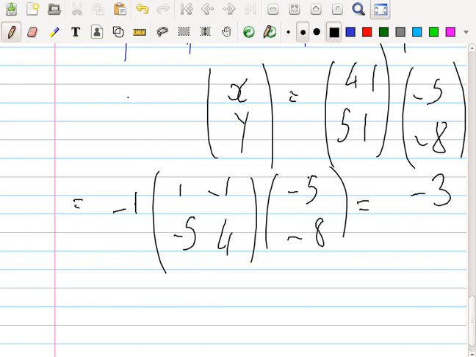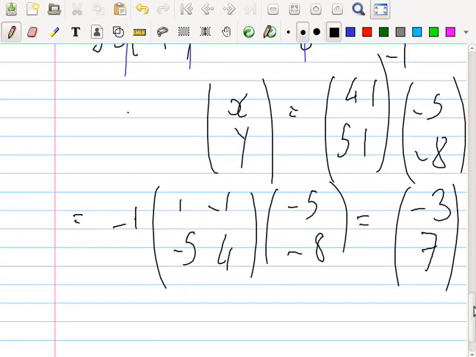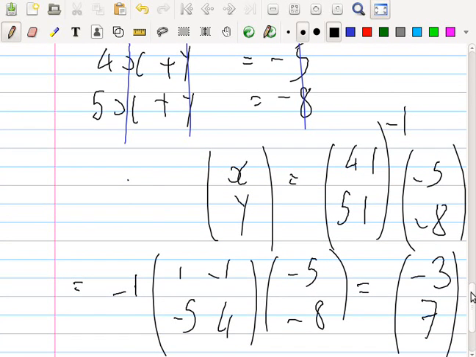And then minus 5 times minus 5 is 25, 4 and minus 8 is minus 32. So 25 minus 32 is minus 7. Yes? Minus 7 times minus 1? 7. So that's the answer there to that one. So if you write this one down, please.